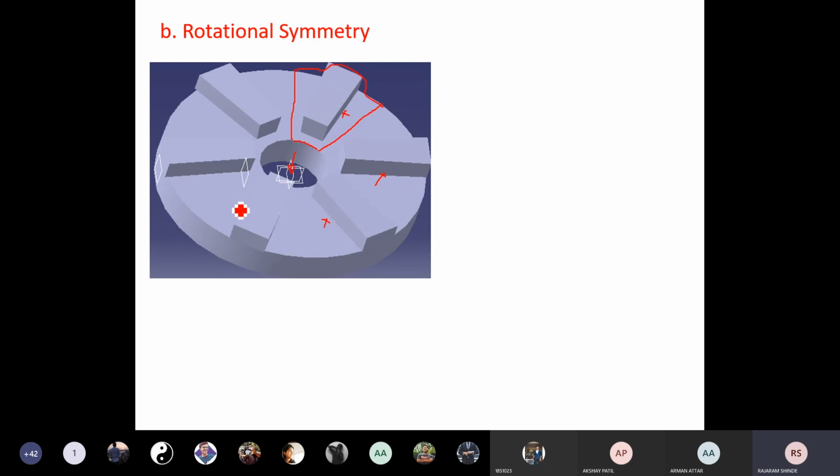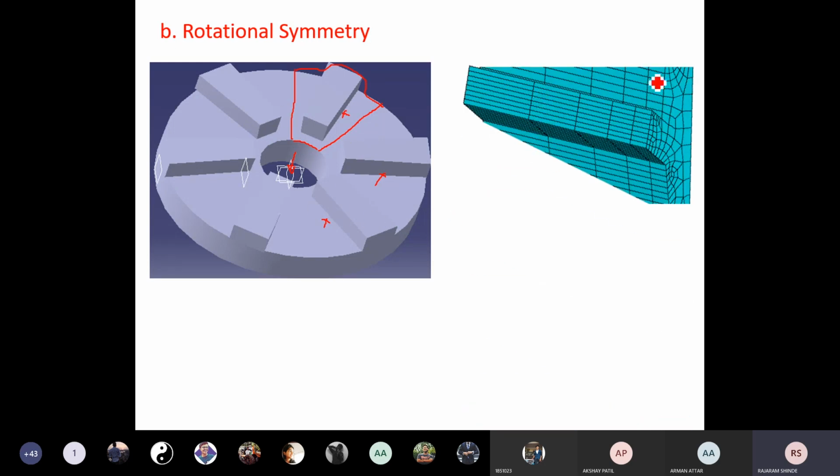Okay, so because it is symmetric, that means everything is symmetric: material is symmetric, geometry is symmetric, next, loading is also symmetric. That means when we apply the load at the center, it has the same effect on other sides, or it has a symmetric effect about the axis. Okay, so you can see this representative part we can model, and we can solve only this part. In this way we can reduce the size of the problem.